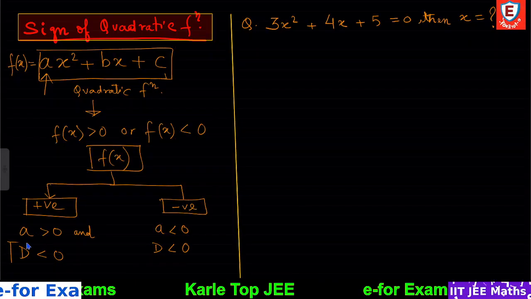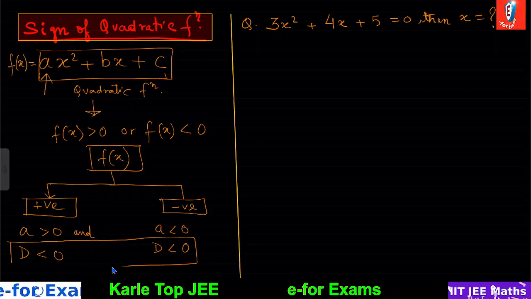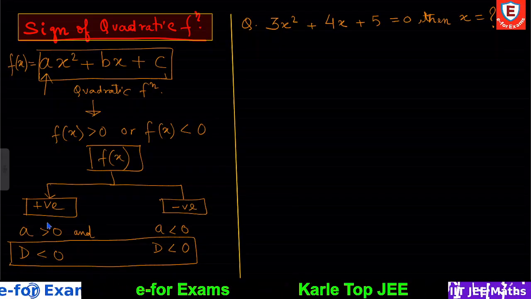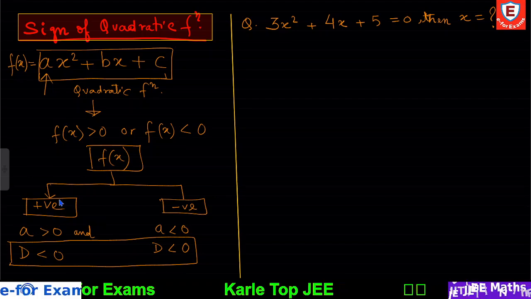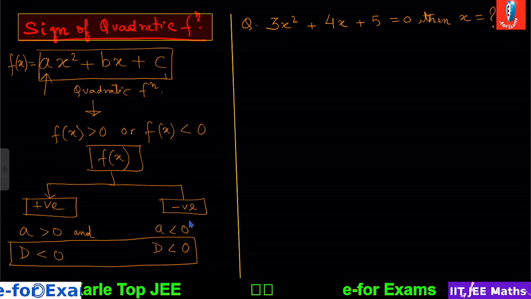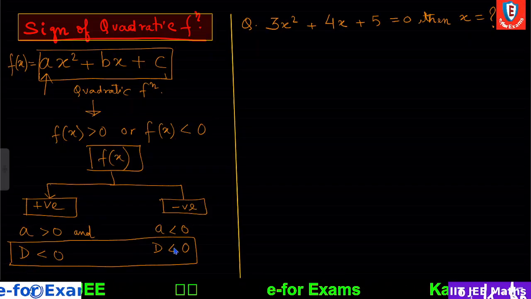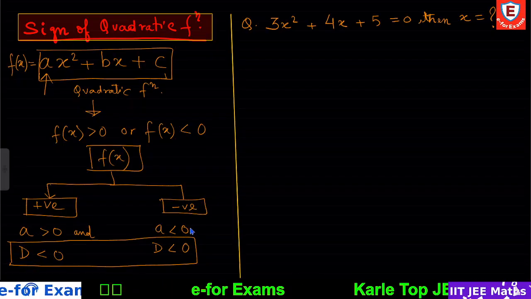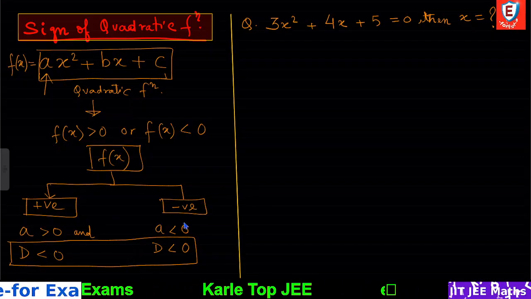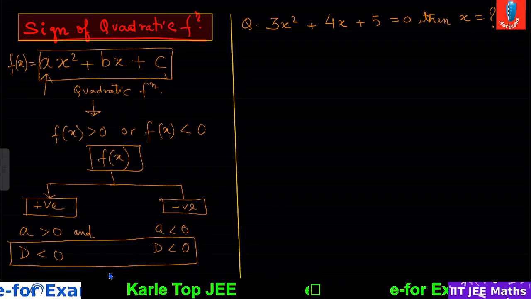In both the cases, d should be less than 0. If a is greater than 0 and d is less than 0, the value of the quadratic function is positive. And if d is less than 0 and a is also less than 0, then the value of the function is negative.